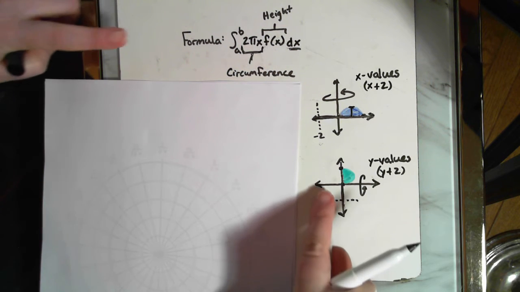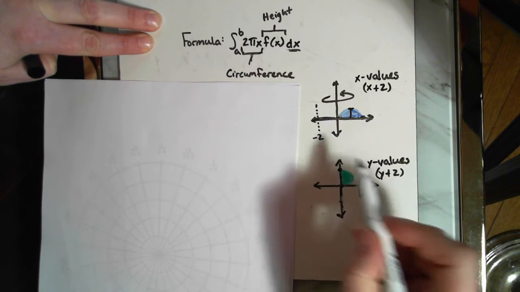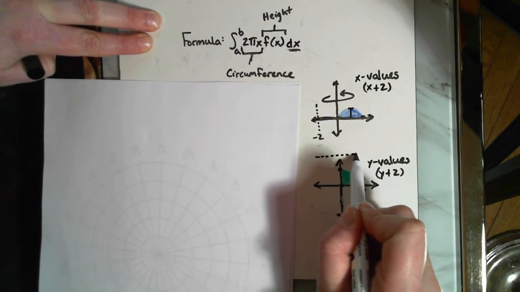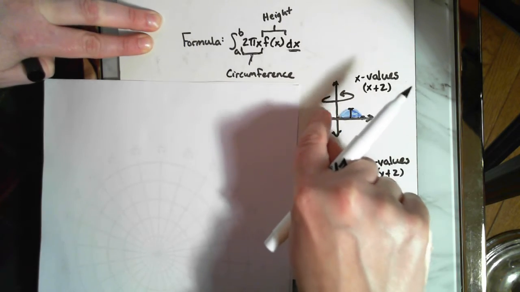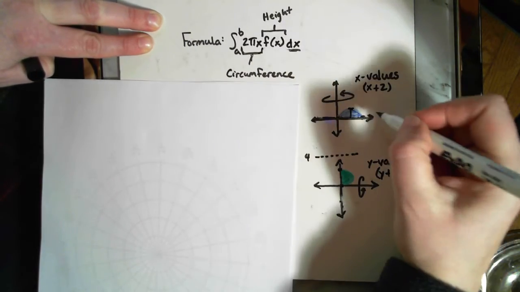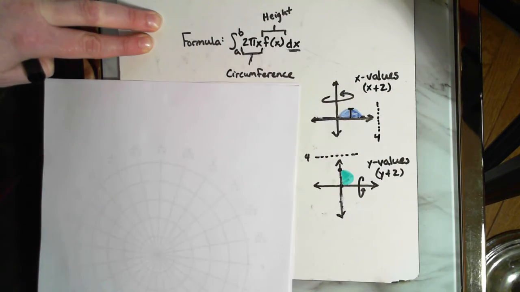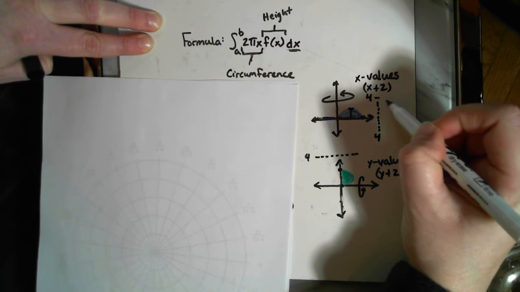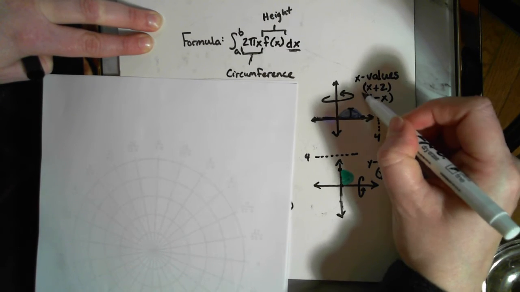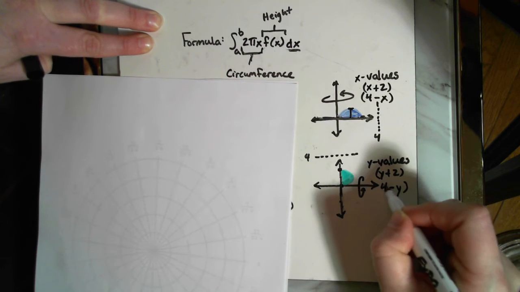Now, if my axis of rotation is above my area, so maybe it's up here at 4, or if the axis of rotation is to the right of my area, over here at 4, what I would do is switch the order. So I'm going to do 4 minus my x value, or 4 minus my y value.